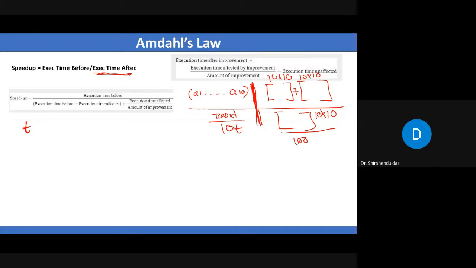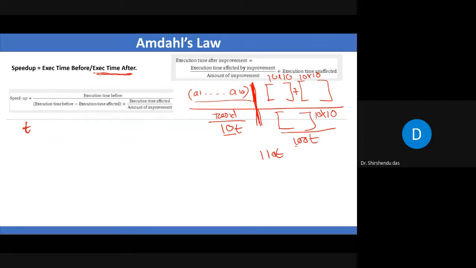You are not multiplying, you are adding two matrices and storing the result in a third matrix. So the total time here will be 100t. t is the time for one addition. On this side you are doing 10 additions, so the time is 10t, and on the right side you are doing 100 additions, so the time is 100t. So the total time will be 110t, right? This is the total time to perform this addition.